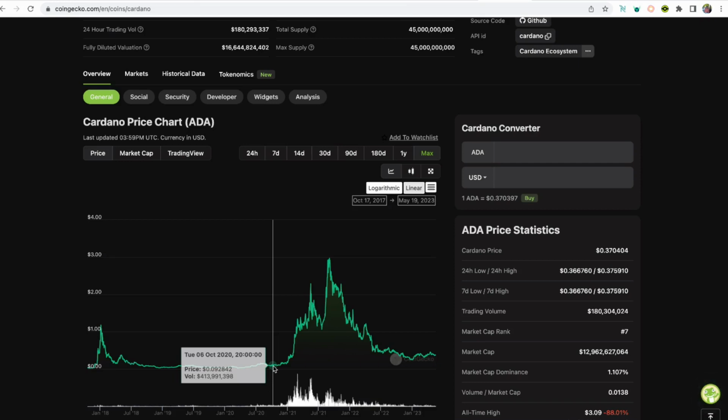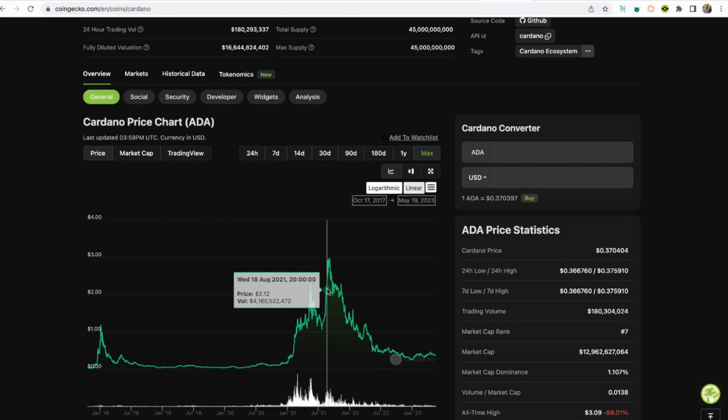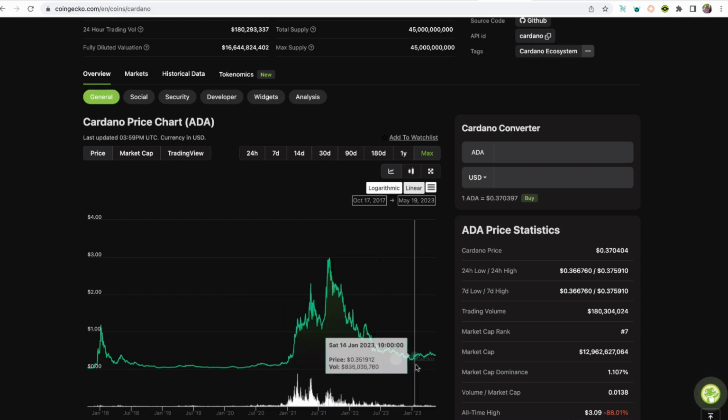So if you would have taken $1,000, invested it into ADA right here on Tuesday, October 6th, 2020, and then sold out around that 2.12 mark, that 11,000 ADA sold here would have given you $23,555.